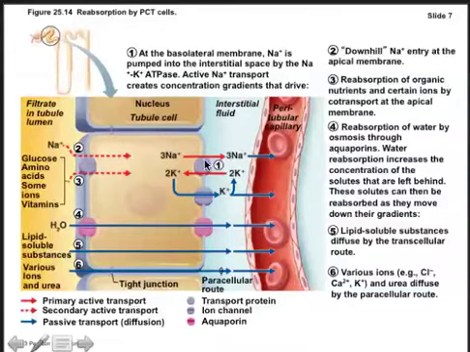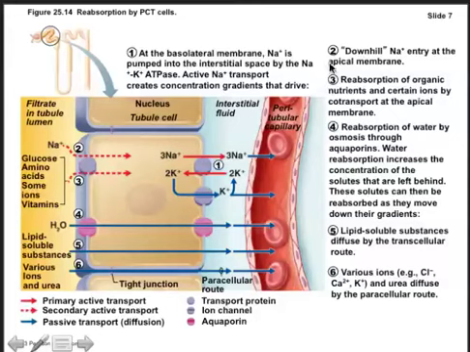Well, the basolateral membrane is that part of the tubule cell that's closest to the blood supply. The sodium is pumped into the interstitial space by the sodium-potassium ATPase, and active sodium transport as a result creates a concentration gradient which drives a number of other processes.